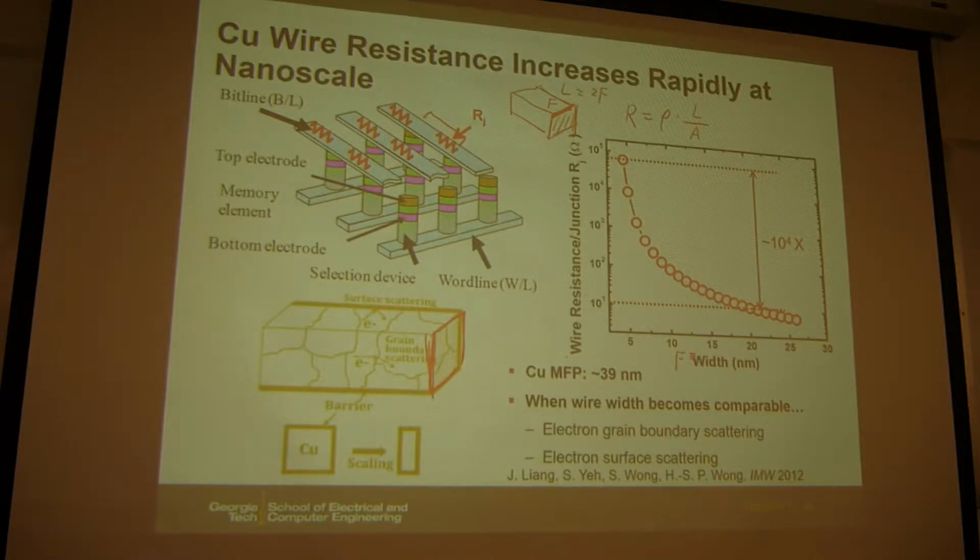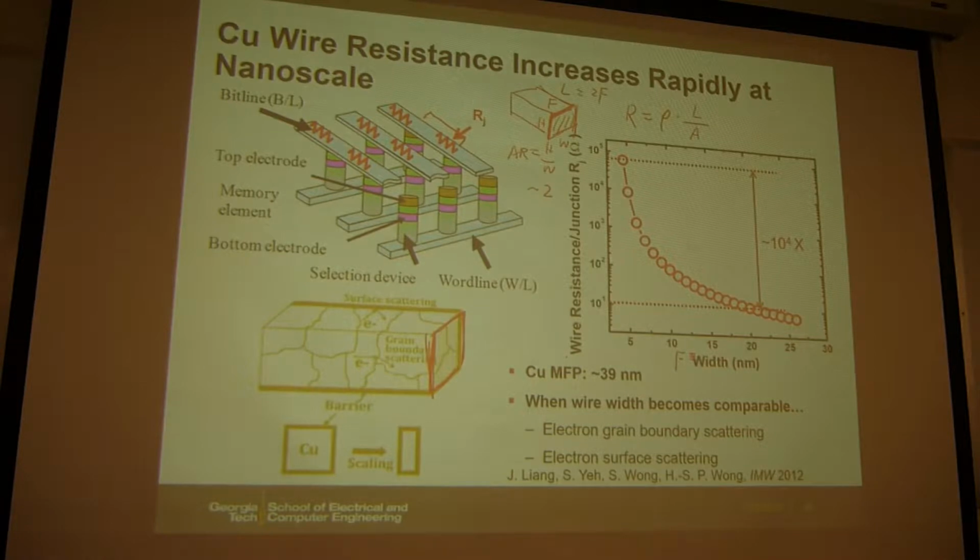The height of the wire is defined by the aspect ratio. Aspect ratio is the height divided by the width, and it's typically around 2 if you look at the ITRS table.